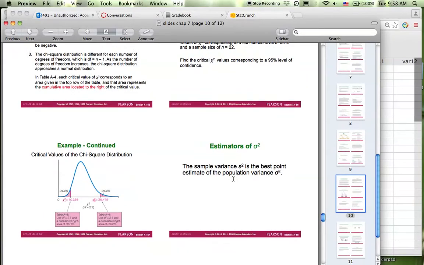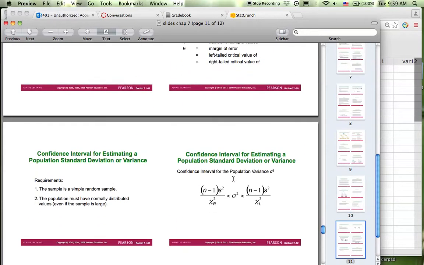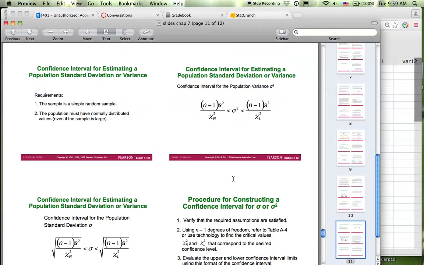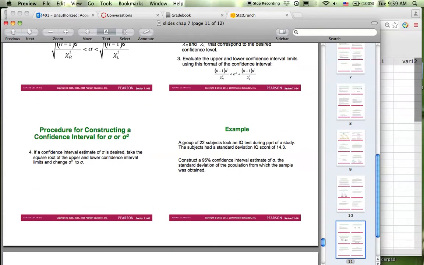Another one is how to get the confidence interval for a given question. So still the same question. If we know the standard deviation to be 14.3, what will be a 95% confidence interval of your sigma?